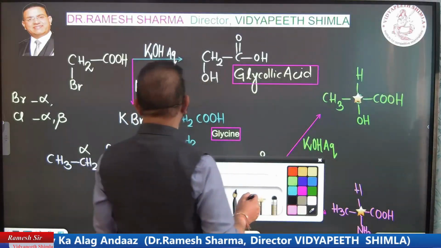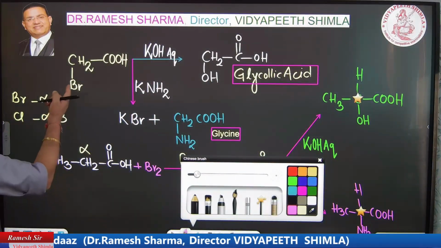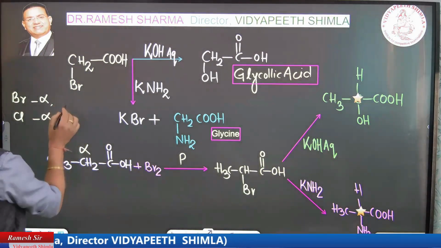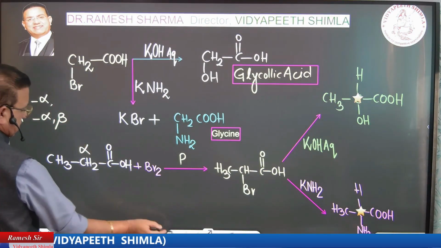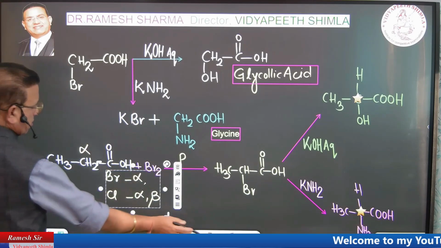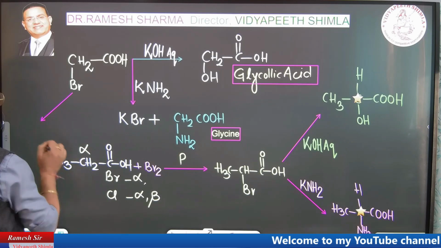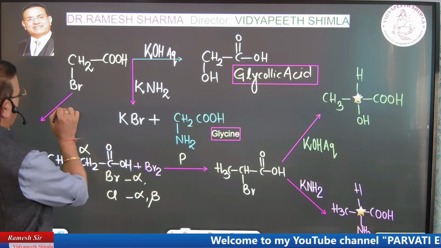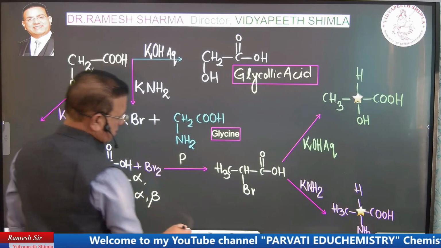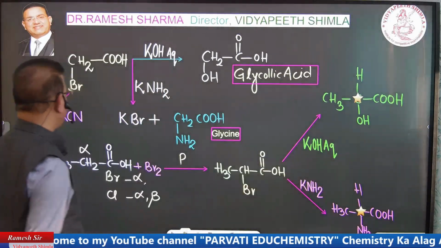As you did it over here also, you can treat it with KCN followed by hydrolysis. We know that KCN or cyanide followed by hydrolysis forms carboxylic acids. Yes or no?